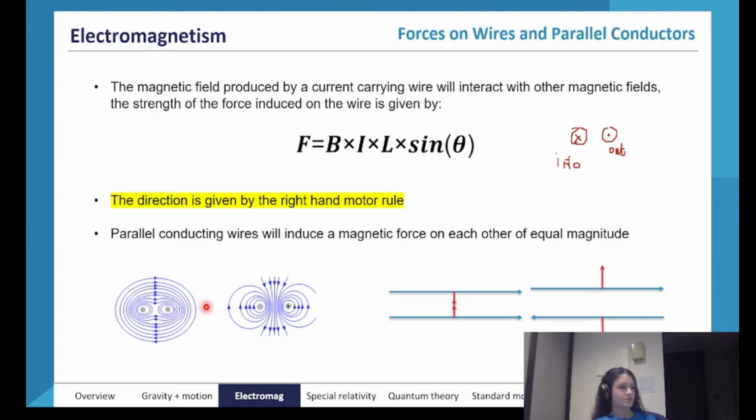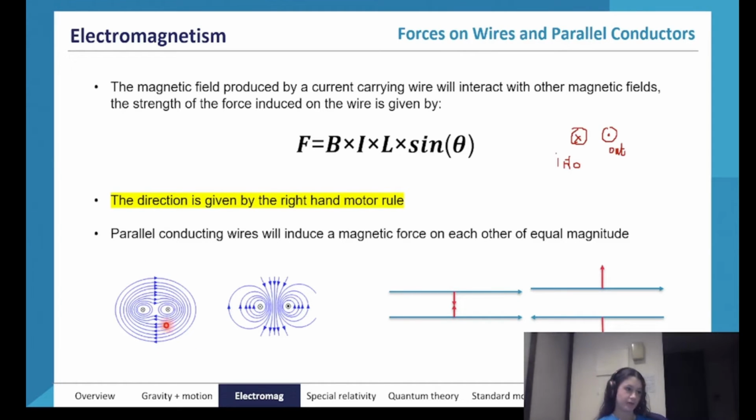So as you can see, this is going to create this massive loop of a magnetic field. That's because if we use the right hand rule, with our thumb going into the page, at all points on either of the wires, the magnetic fields generated are going to combine, right?